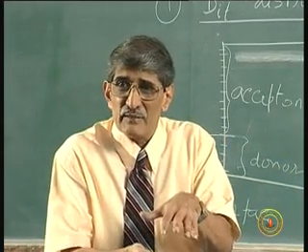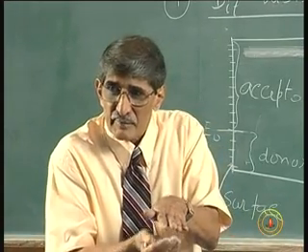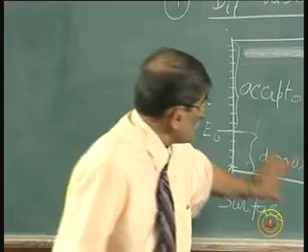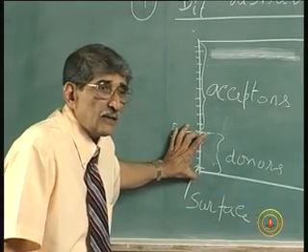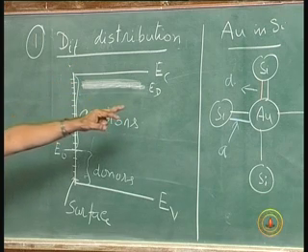If it is only one which is donating, it will have one level. There are hundreds of thousands of them donating, they spread into a donor band, and all the acceptor levels are above that, exactly the same situation.